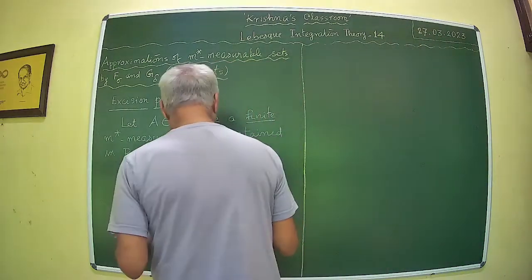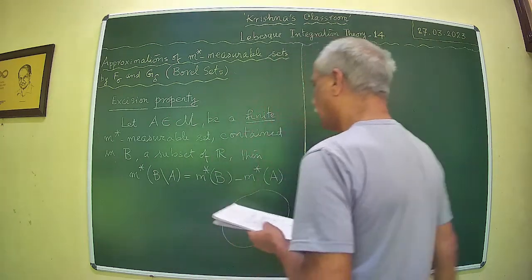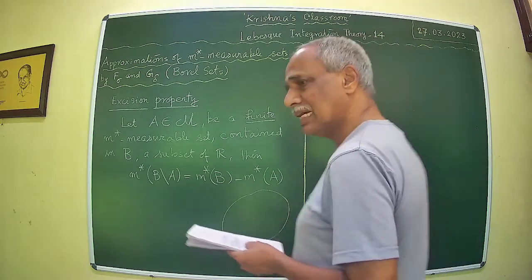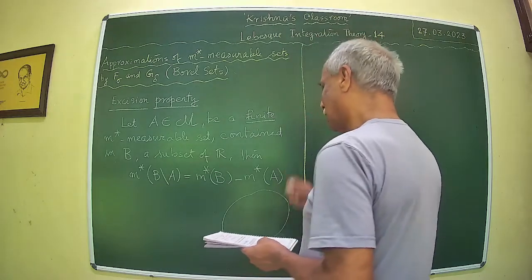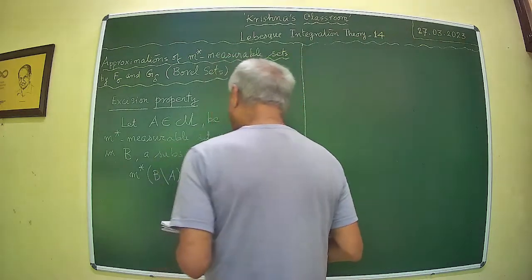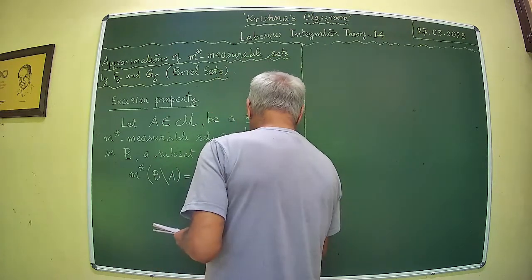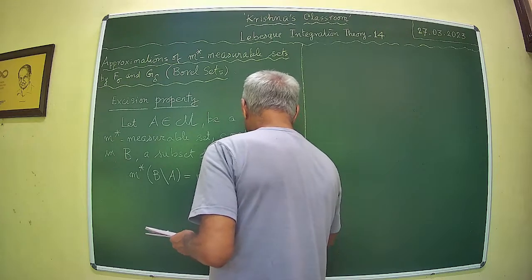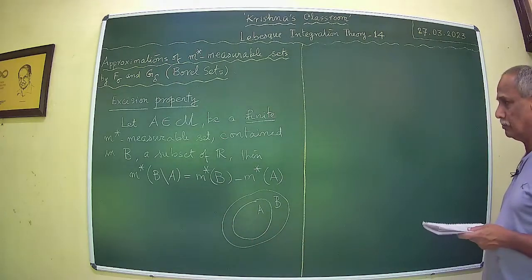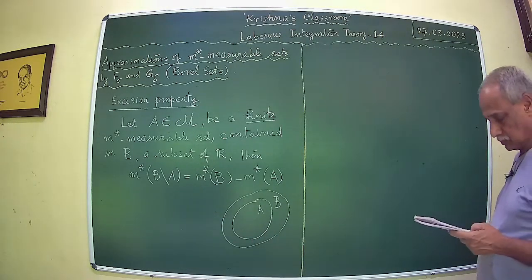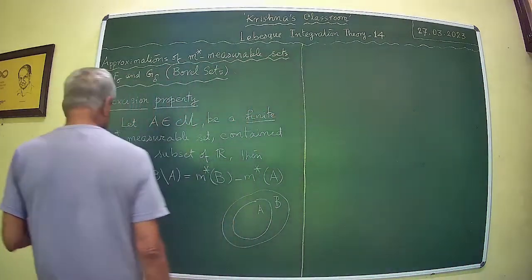So I will use the Venn diagram again for clarity, because it's not easy to show general sets on R. So we have B, and A is a measurable subset with a finite measure.